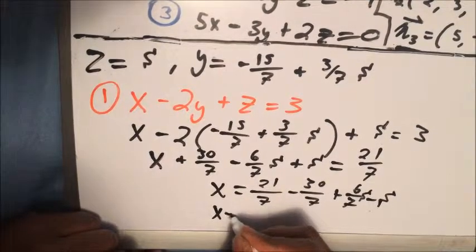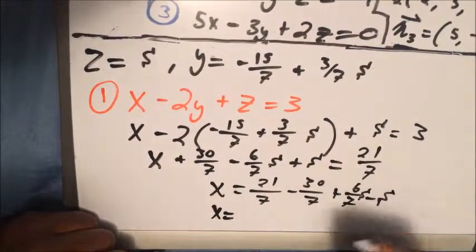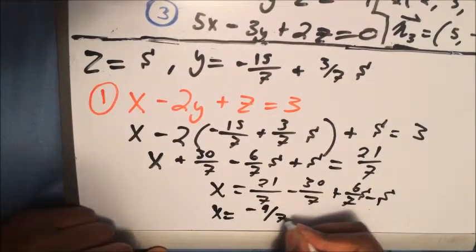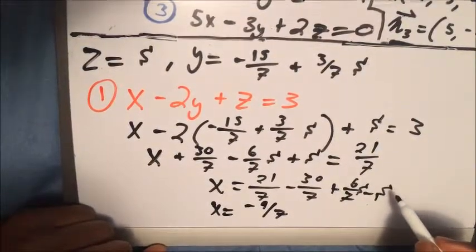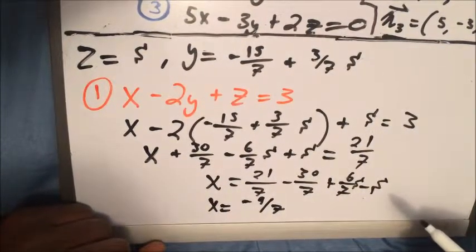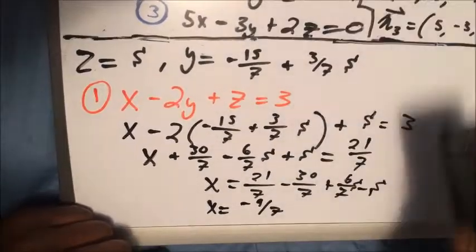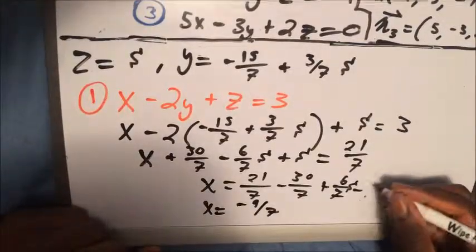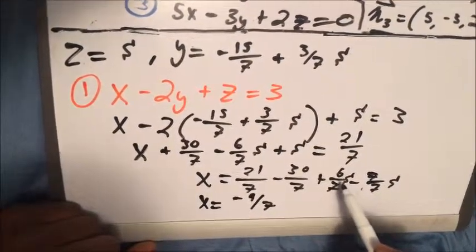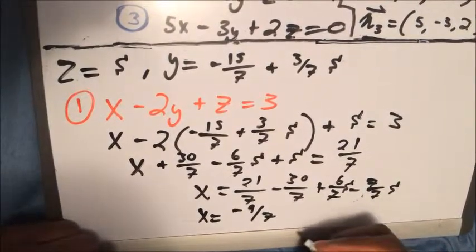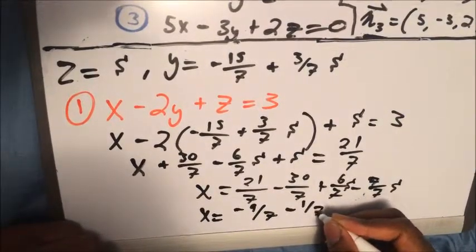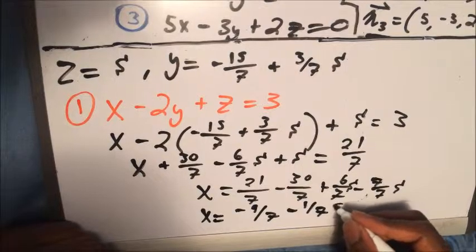So that's x, and then 21 take away 30 is negative 9 over 7, and then you have 6 over 7s, take away, you can also write s here as 7 over 7s, and then 6 take away 7 is just negative 1 over 7s.